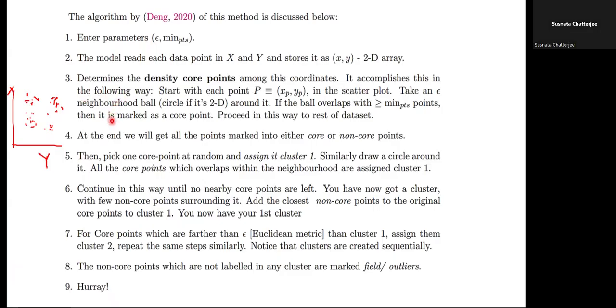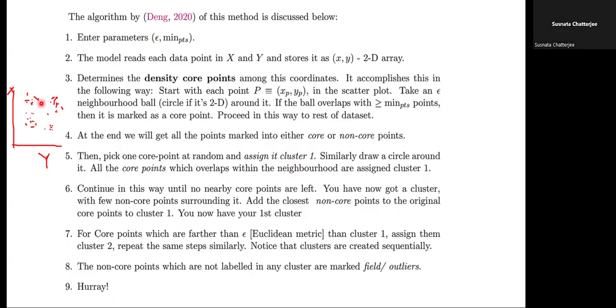How does it do this? We start with each point P, let's say XP, YP in the scatter plot. We take an epsilon neighborhood circle around it. If it's multidimensional, let's say we want to cluster four or more data points, we take an epsilon neighborhood ball.